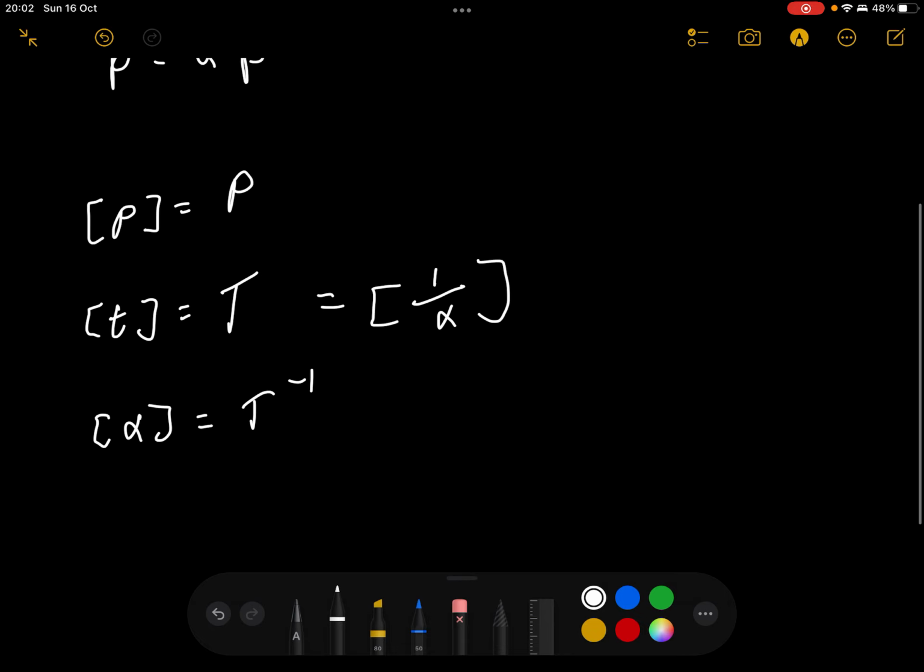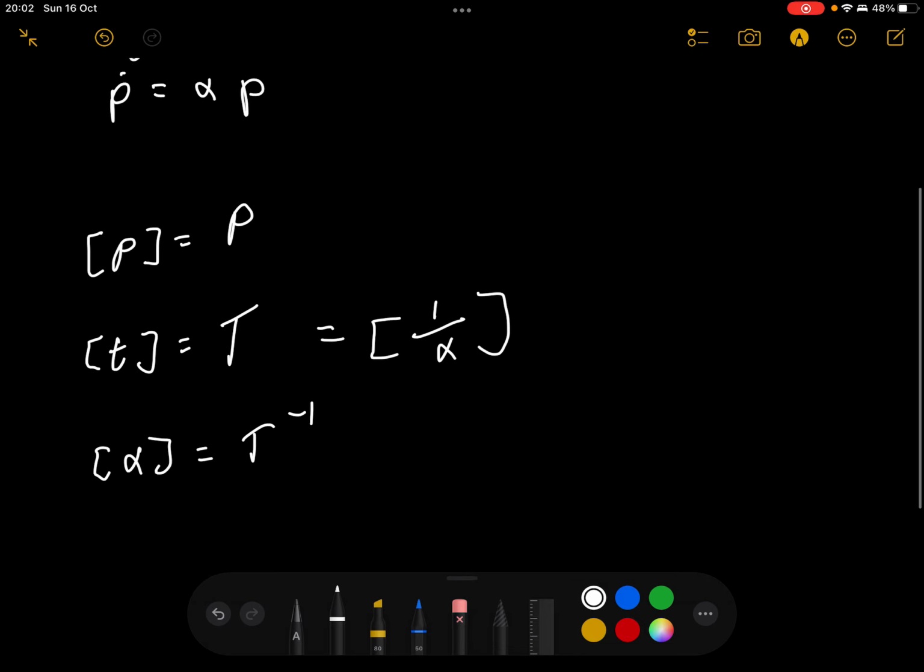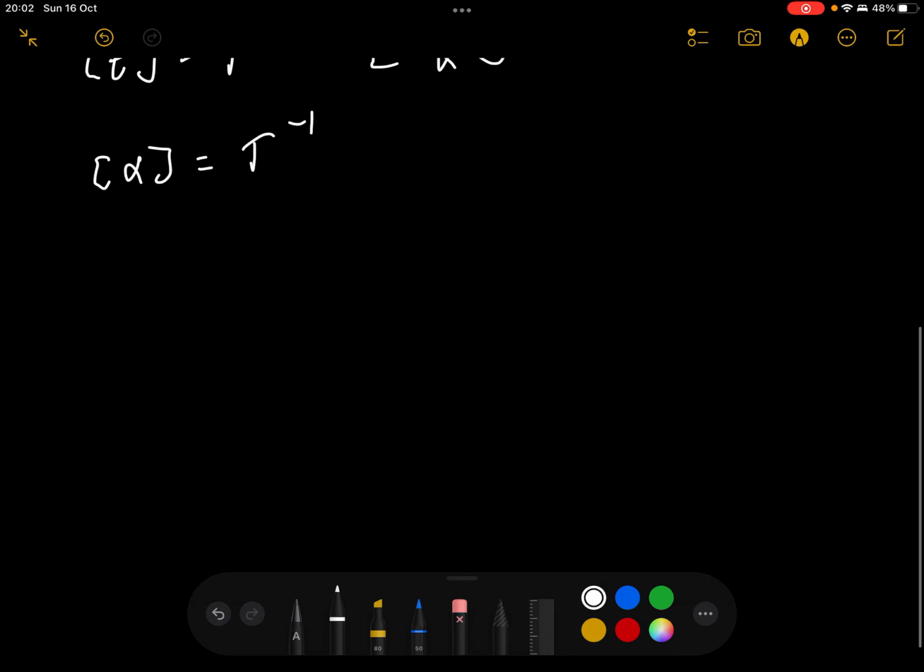So now what we can do is construct a function that describes the population entirely, everything that the population could possibly depend on. So it could depend on alpha, it could depend on the starting population, because if you start off with more, you'll have more by a certain time.